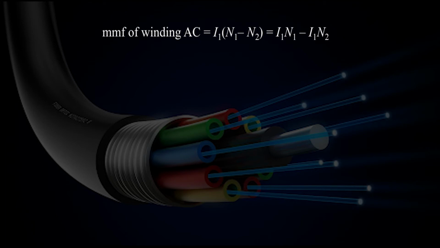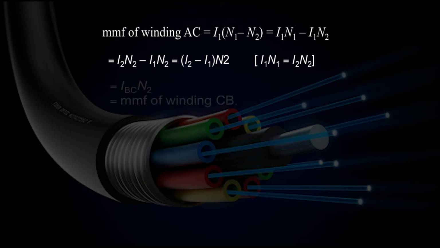So, this can also be written as the MMF in AC is equal to I1 N1 minus I1 N2, and this can also be written as I2 N2 minus I1 N2, which is equal to I2 minus I1 multiplied by N2, because I1 N1 is equal to what? I2 N2. So, this can be written as IBC N2, and this IBC N2 is what? It is the MMF of winding CB.